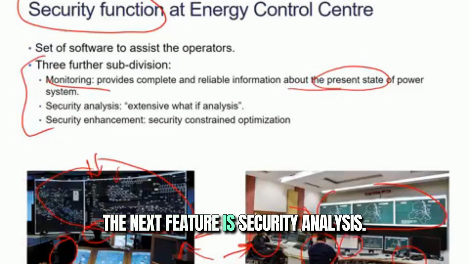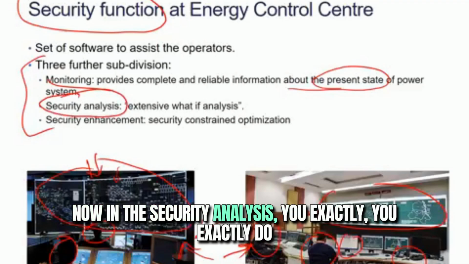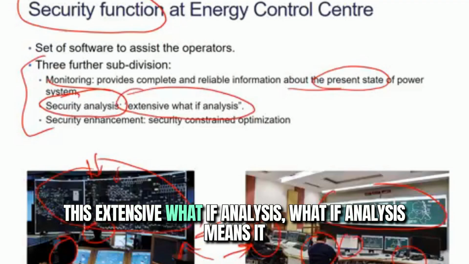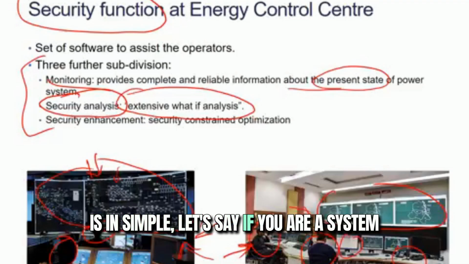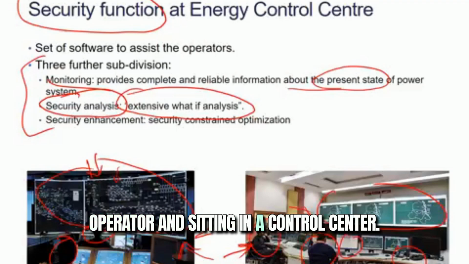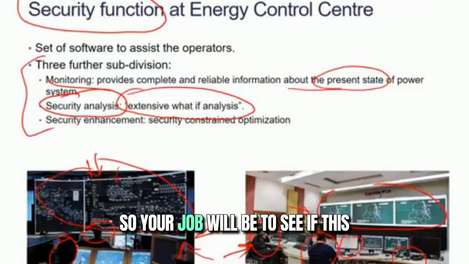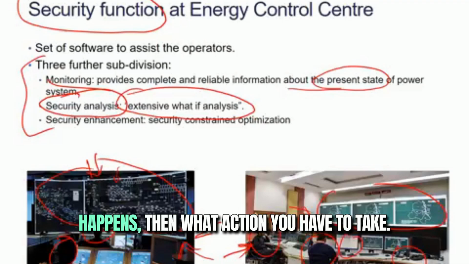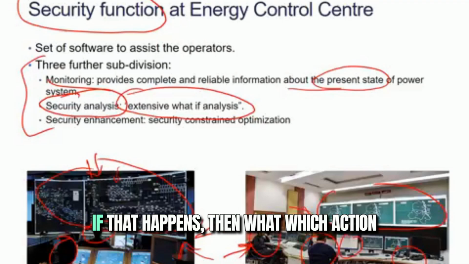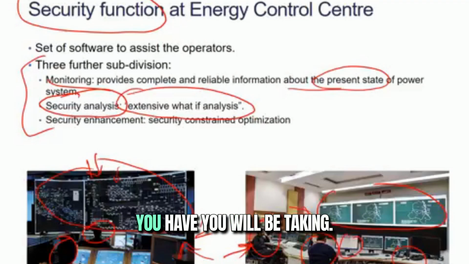The next feature is security analysis. In security analysis, you do an extensive what-if analysis. What-if analysis, in simple terms, means: let's say you are a system operator sitting in a control center. Your job will be to see, if this happens, what action you have to take. If that happens, which action you will be taking.